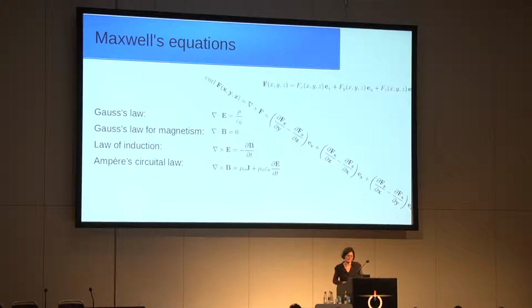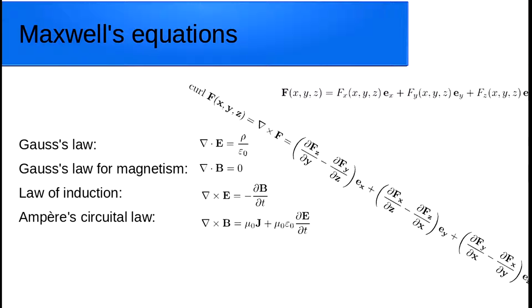The 3rd one is Faraday's law of induction. This one describes how a time-varying magnetic field creates or induces an electric field. This lengthy term here is the curl of a vector. This describes a direction which is orthogonal to the other ones.